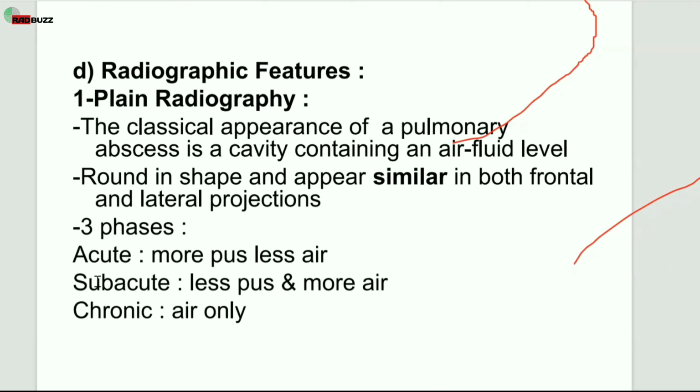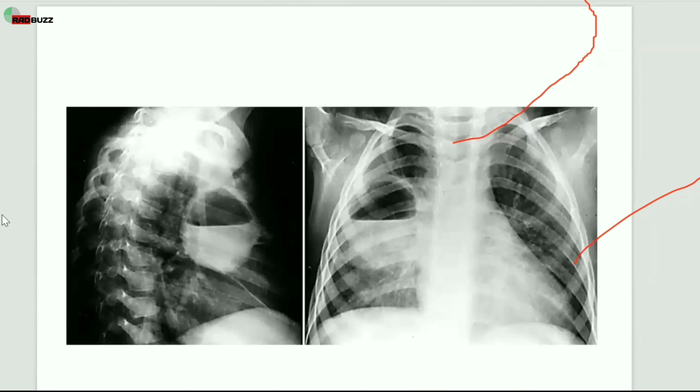Now, clinically, there are three phases: acute, where there's more pus and less air; subacute, where there will be less pus and more air; and chronic phase, where there will be only air. That means it becomes a cavitary lesion. At the end, the abscess becomes a cavitation, because with medication the pus will end. So that's what I was talking about: in a lateral film and an AP film, this is the frontal projection, we see a well circumscribed opacity within the right lung.